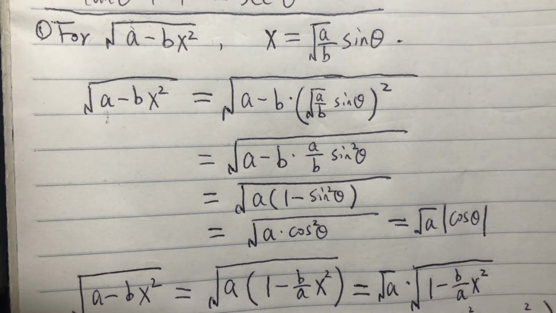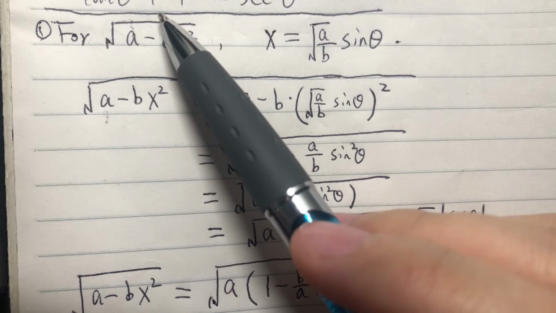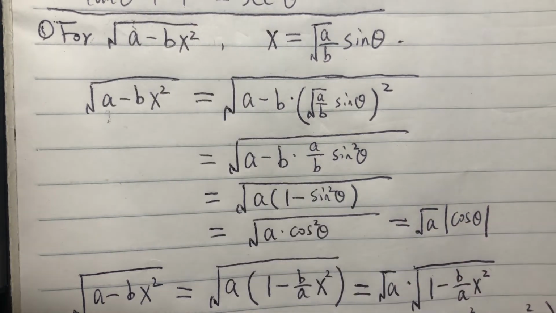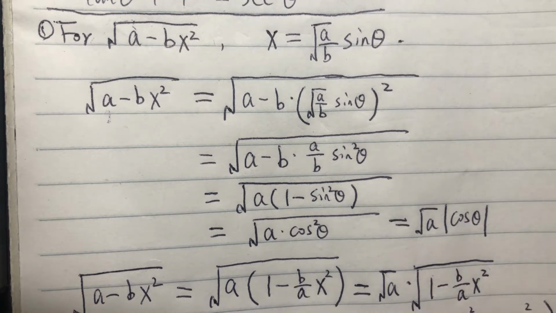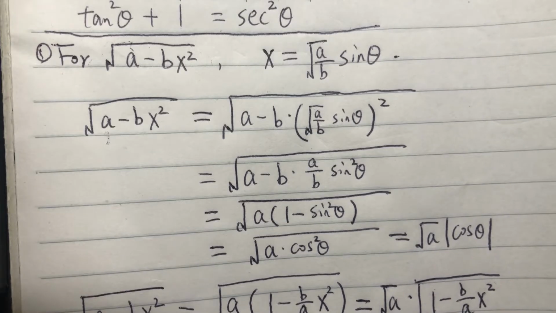Okay, so this is basically the first type of trig substitution. If you have a form of square root of a minus bx squared, then the trig substitution is x equals square root of a over b sine theta.